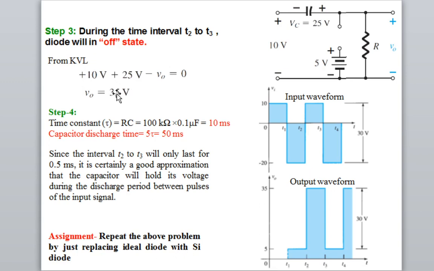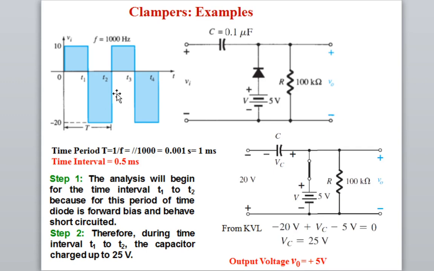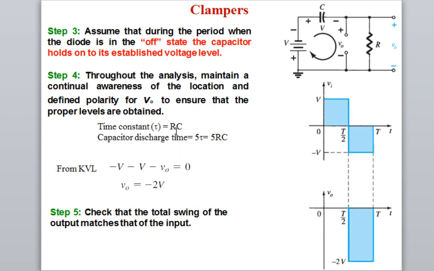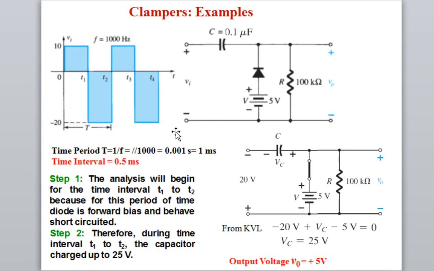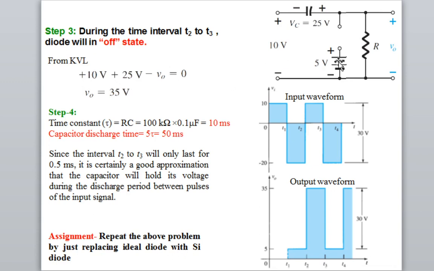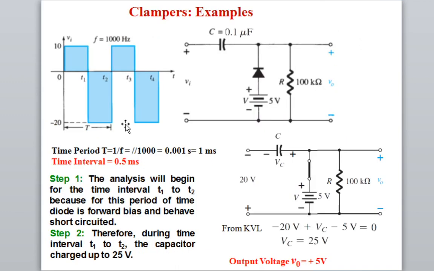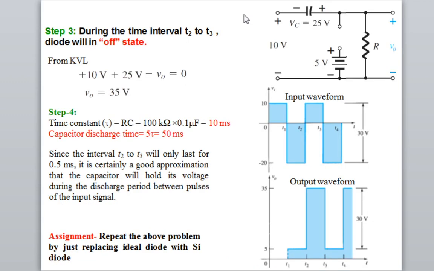Okay. Now, in order to draw the exact output characteristics, as I mentioned in step 4 earlier, what was the important quantity? The time constant. So now you have to determine the time constant for the given problem. The time constant is defined as R into C. The value of R was 100 kilo ohm, C was 0.1 microfarad.